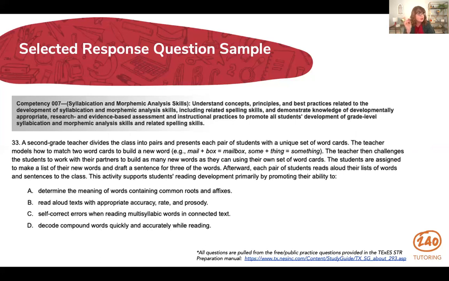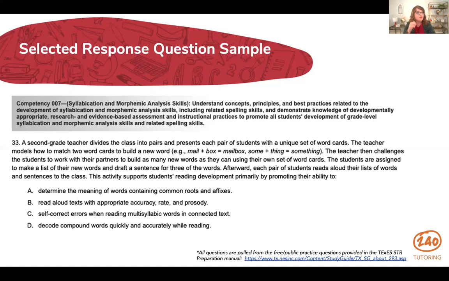The teacher then challenges the students to work with their partners to build as many new words as they can using their own set of word cards. The students are assigned to make a list of their new words and draft a sentence for 3 of the words. Afterward, each pair of students reads aloud their list of words and sentences to the class.